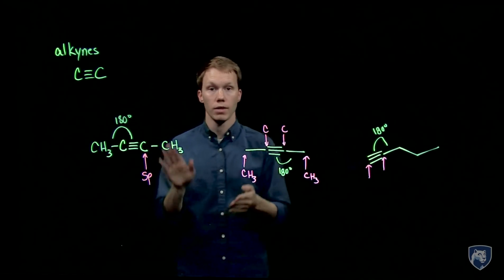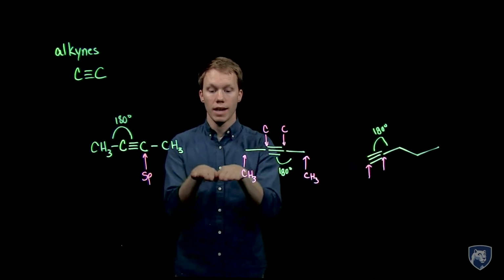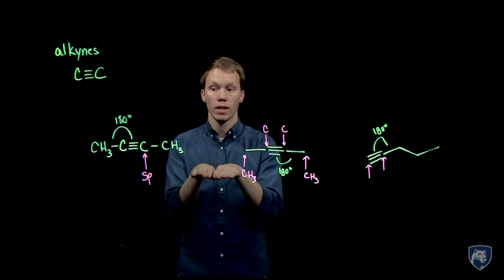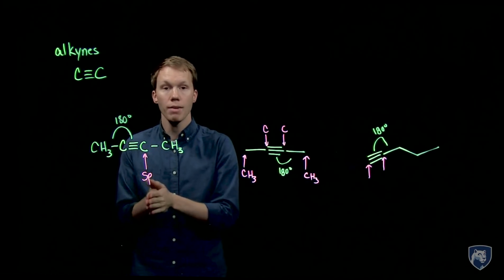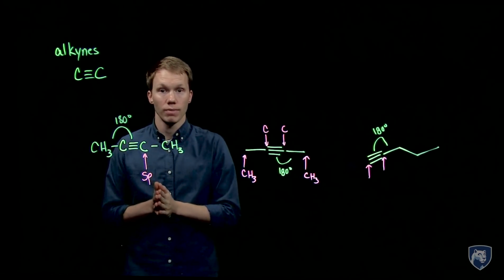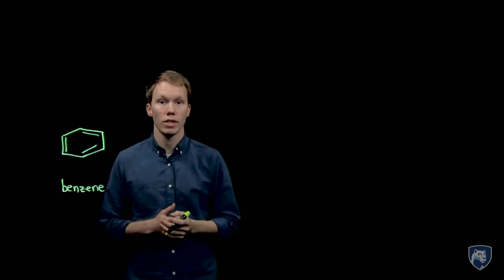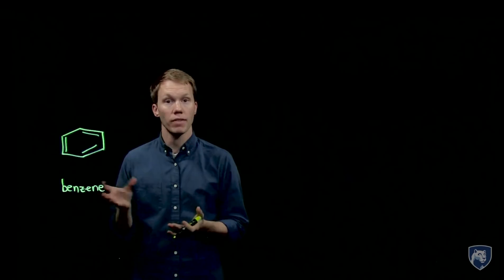And then there are 2 pi bonds. We have them perpendicular to one another. The side-to-side overlap here, and the side-to-side overlap in the plane. So, alkynes are sp hybridized with 180 degree bond angles. The last structure I want to look at is that of benzene, and this is a specific type of hydrocarbon.